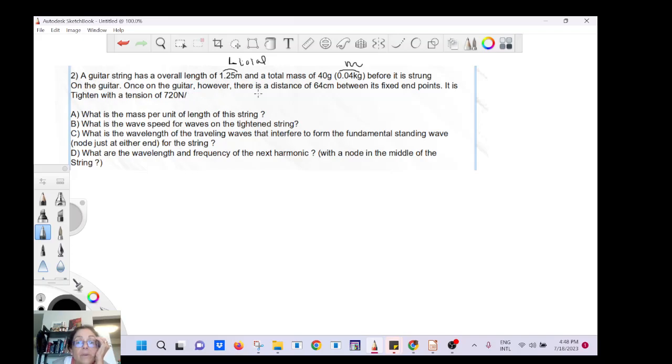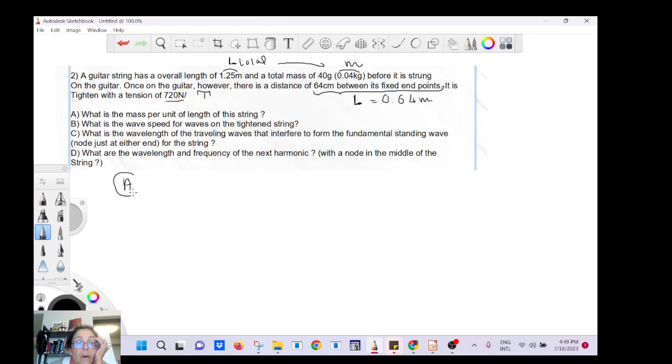Once on the guitar, however, there is a distance of 64 centimeters between its fixed ends. So the standing wave will only be on that part of the string, right? So that will be the L that you're going to use in your equation. So that's going to be 64 centimeters. That will be the total length of the string having a mass of 0.04 kilograms. So that will be the tension T.